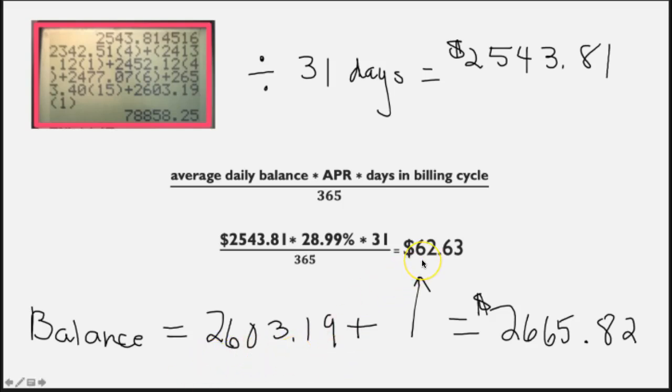But then you've got to add to that the amount of the interest they're charging you, and that's the $2,665.82. That would be how much you would owe if you wanted to pay the entire credit card off in one lump sum. It does say that you have to make a minimum payment. You don't have to pay all of that.